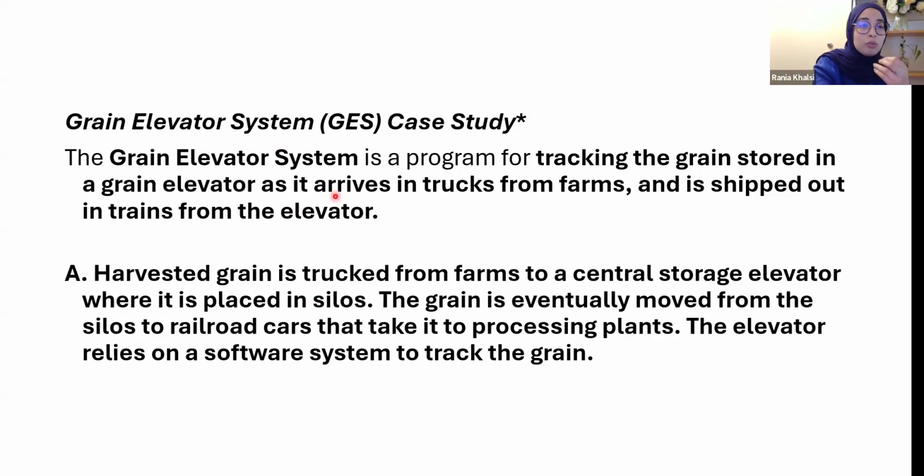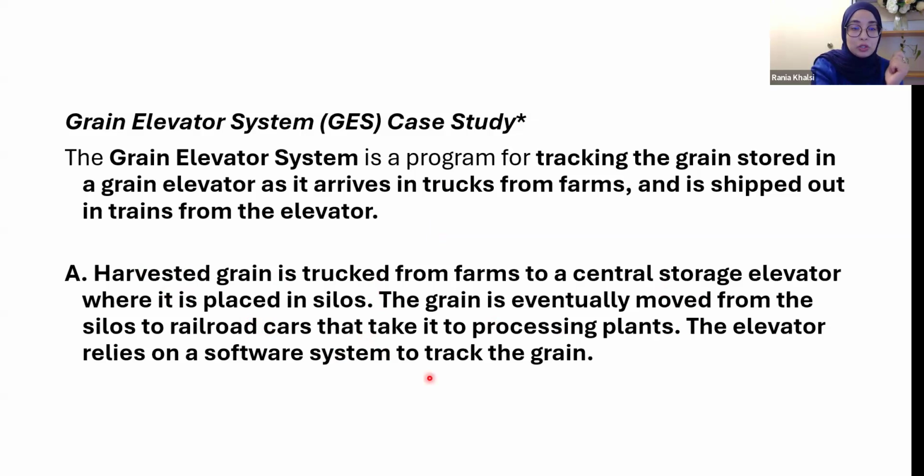Okay, so the grain elevator system is a program for tracking the grain stored in a grain elevator as it arrives in trucks from farms and is shipped out in trains from the elevator. In paragraph A, harvest grain is tracked from farms to a central storage elevator where it is placed in silos.